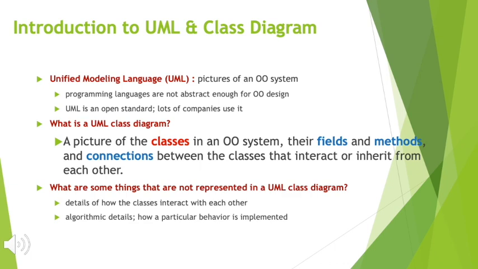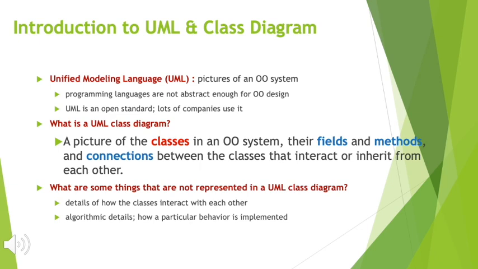All you need to do is know the process, the components in your system. So why do we need this? Because programming languages are not abstract enough for the design, and UML is an open standard.